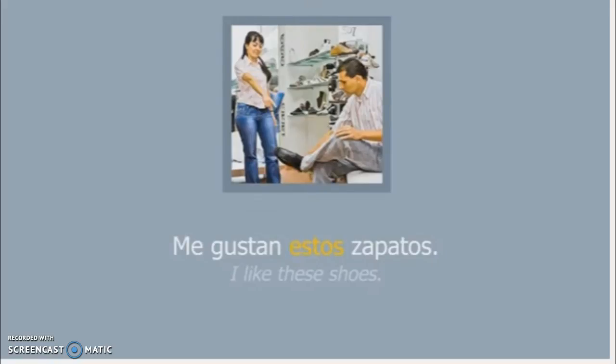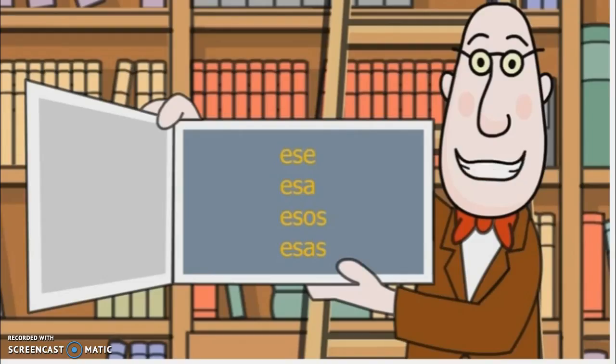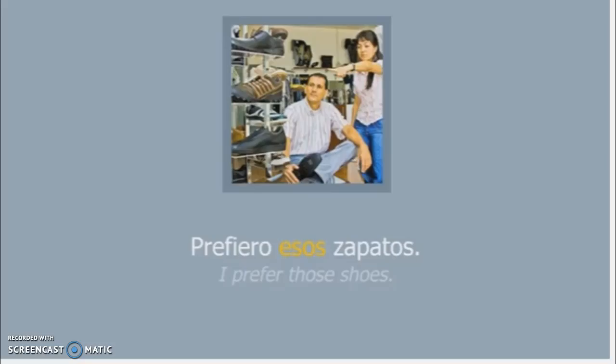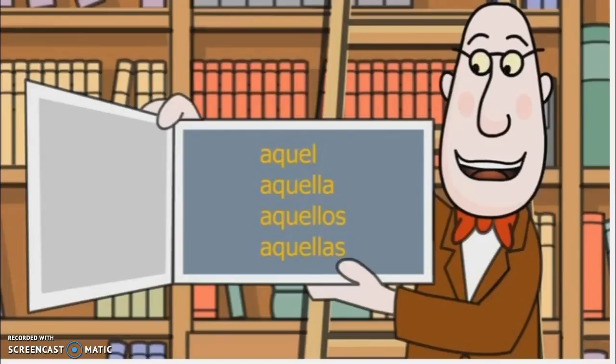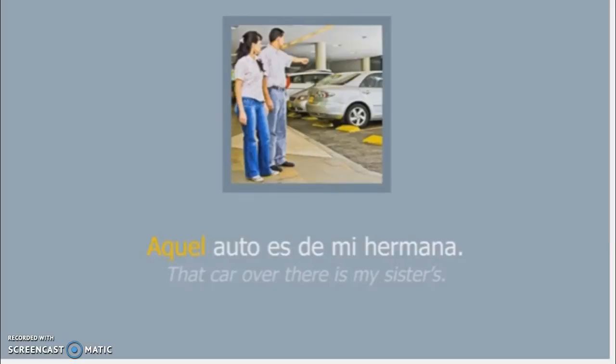Me gustan estos zapatos. Ese, esa, esos, and esas are used to point out things that aren't close to the speaker, but they might be close to the listener. Prefiero esos zapatos. Aquel, aquella, aquellos, and aquellas point out things that are far away from the speaker and the listener. Aquel auto es de mi hermana.